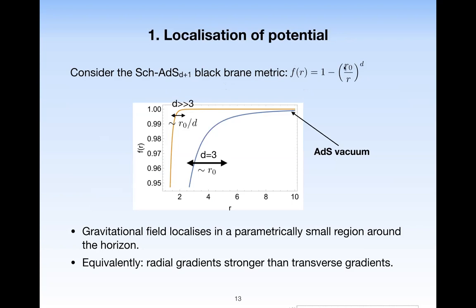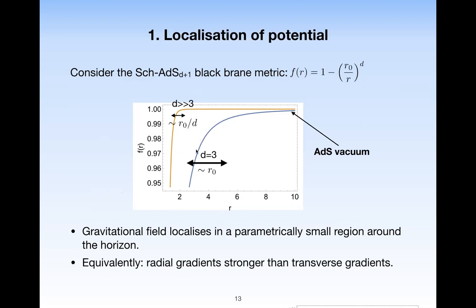R0, just like before, is the radius of the horizon. We see that when R is equal to R0, F is equal to 0, as it should at the horizon. But then we also have one more parameter, this D, which is the number of space-time dimensions on the boundary of ADS.